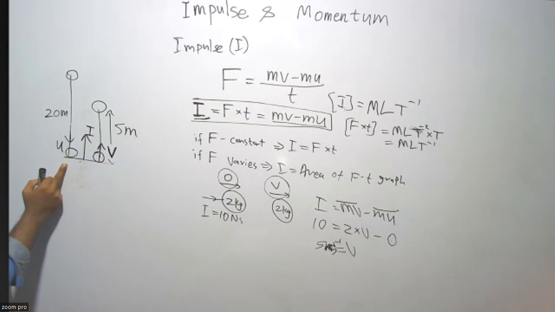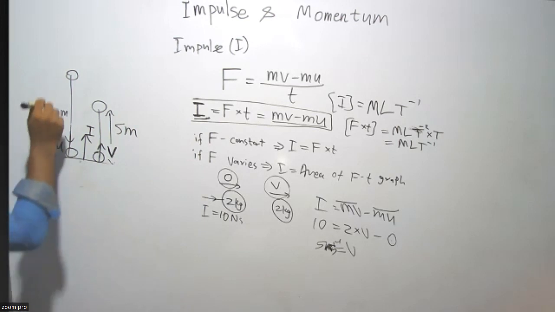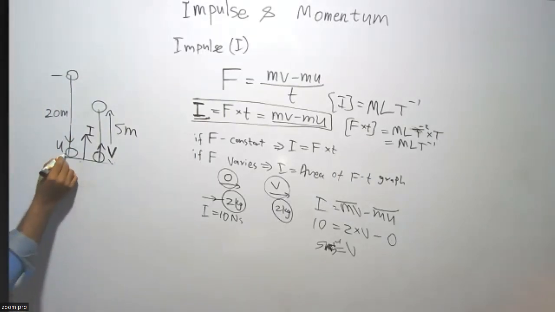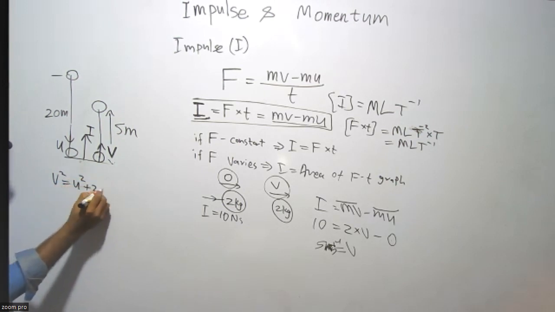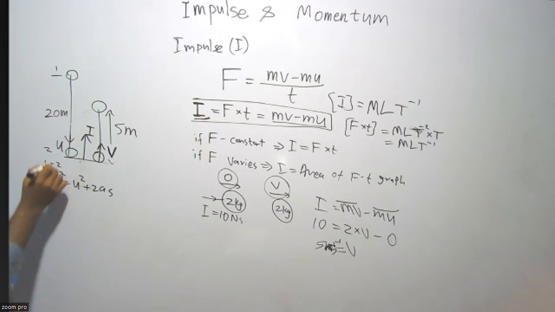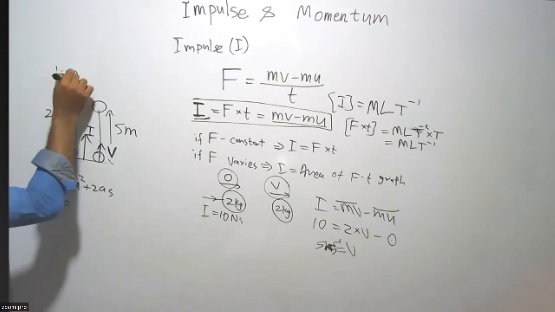Then you need to find these velocities first. How do you find this velocity? You need to apply a linear motion equation, right? To find u, I'll apply v squared equals u squared plus 2as from here to here. The final velocity is u, the initial velocity is 0.